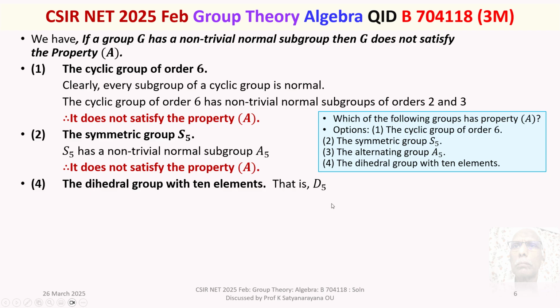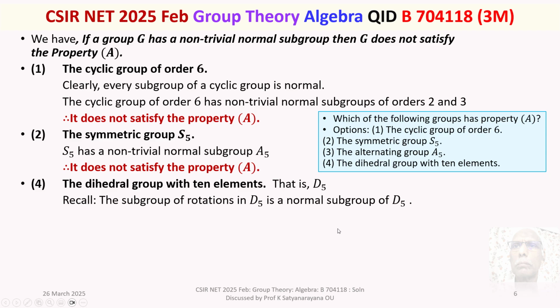Get into the D5, catch hold of all the rotations, then the set of all rotations form a subgroup and it is normal. Recall, the subgroup of rotations in D5 is a normal subgroup of D5. Therefore, it does not satisfy the property A.